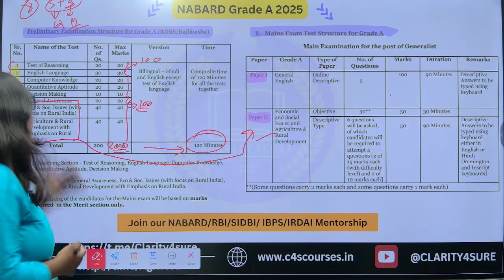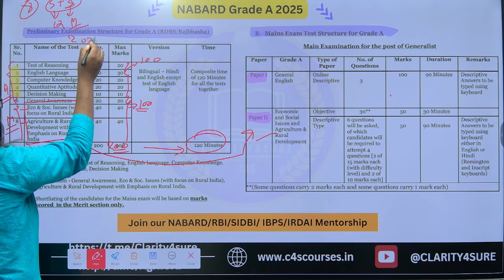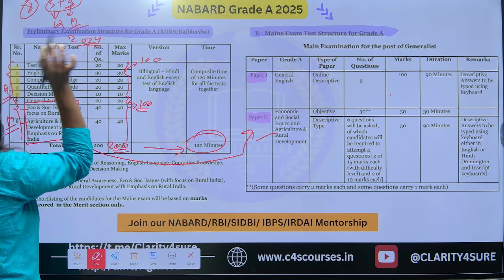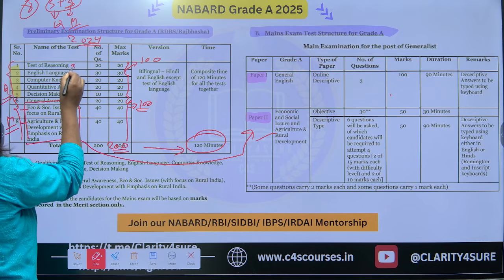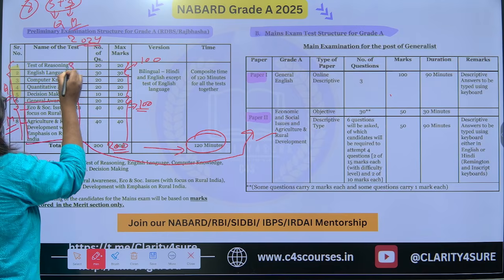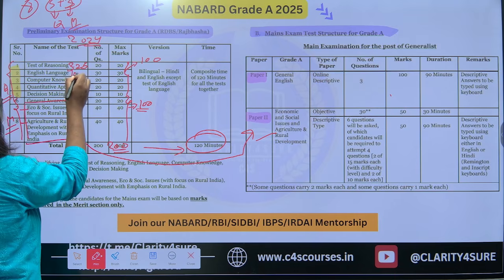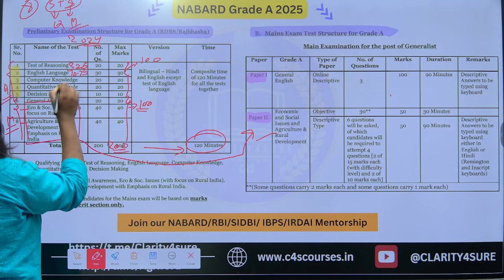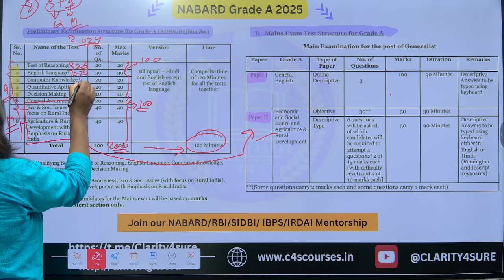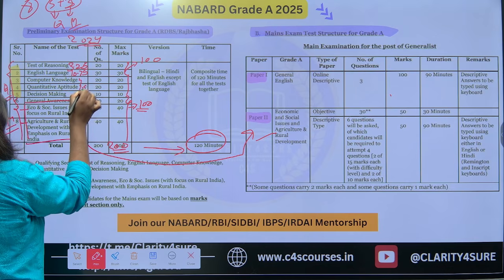Coming to the cutoff of last year, that is 2024, the cutoff for reasoning went to 3.25. The cutoff for English went to 10.75. The cutoff for computers went to 4. The quantitative aptitude went to 4.50.